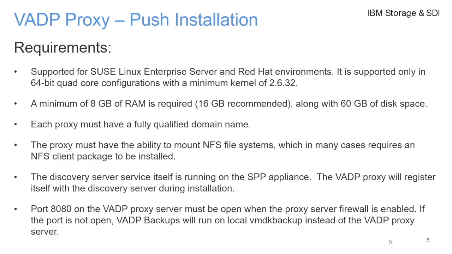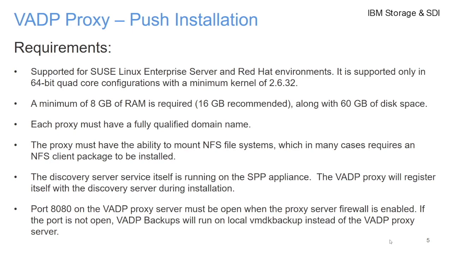In order to do installation with this new version, we can do that through the Spectrum Protect Plus portal. Prior to this version, the only way to do the installation was to install it manually and locally on the Linux server.